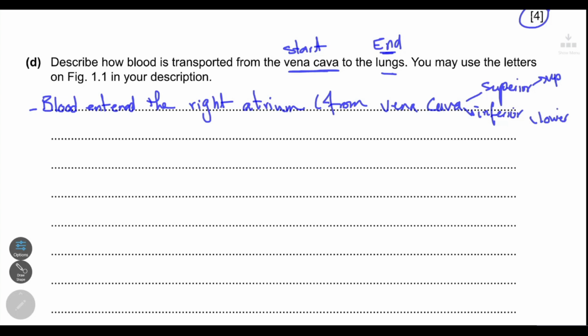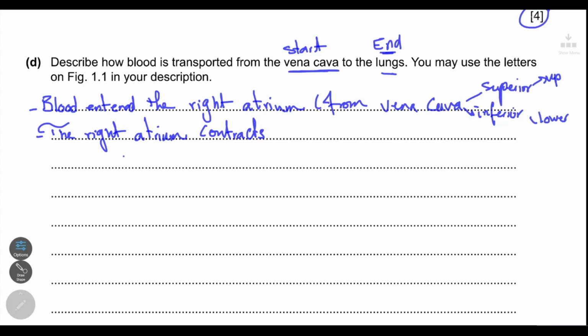Okay, so when the blood is received by the atrium, then the right atrium will be contracted. When the right atrium contracts, it pushes the blood to the close proximity, which is the right ventricle.